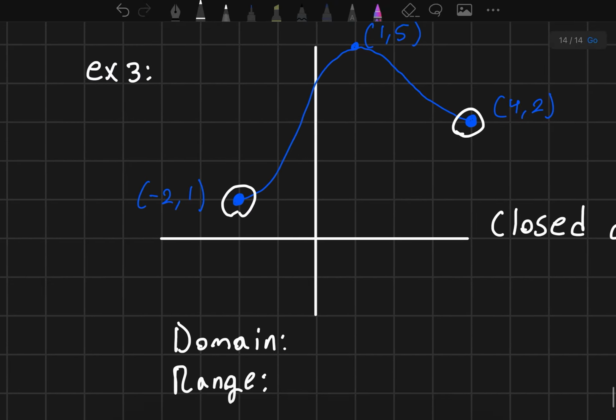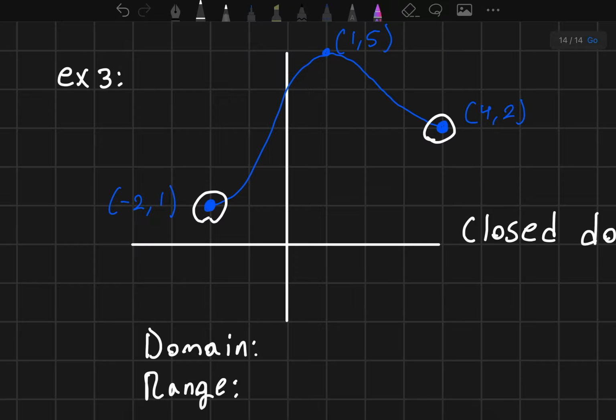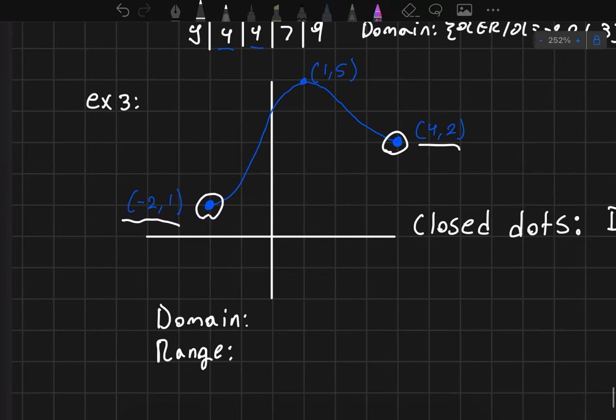So here we can see this graph starts at this point and ends at this point. So basically we know that the smallest is x equals -2, and the largest is x equals 4.